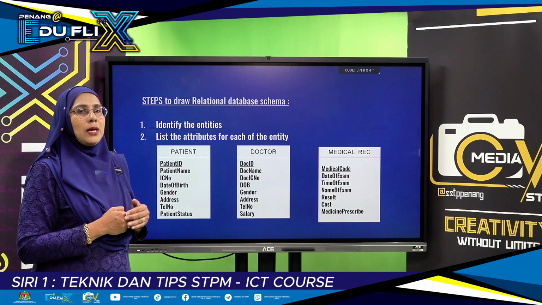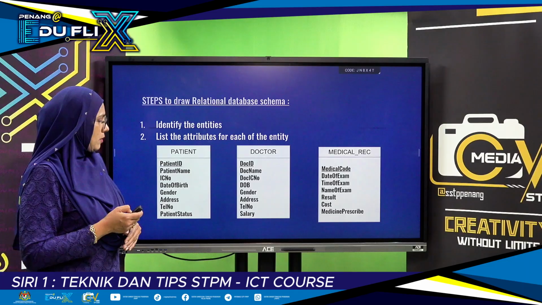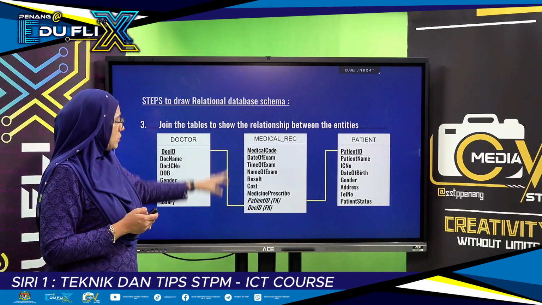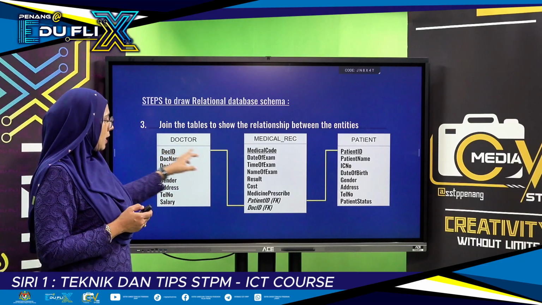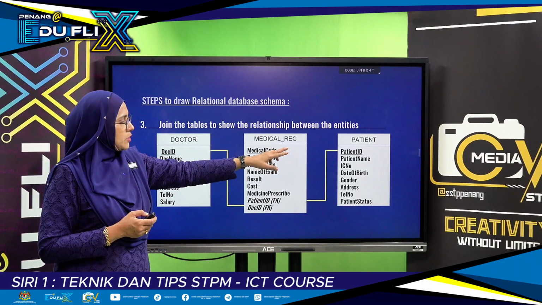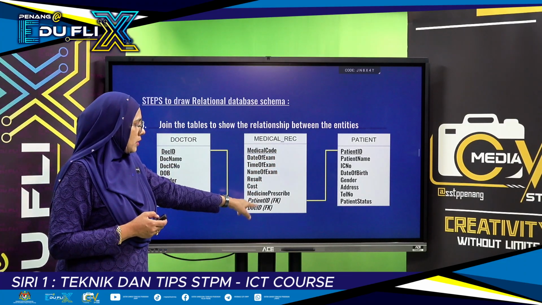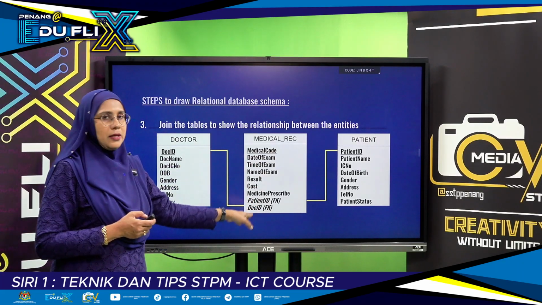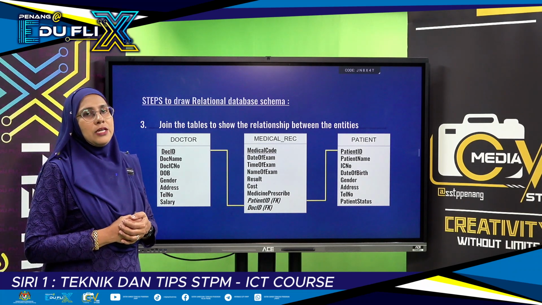We will use primary key, which will exist as foreign key. So where to write? The line should be like this. Dr. ID is a primary key here, but exists as a foreign key here. Patient ID is a primary key in patient table and exists as a foreign key. So the purpose of writing foreign key at the middle here is to join the table. When you get this, then only you can answer relational schema.